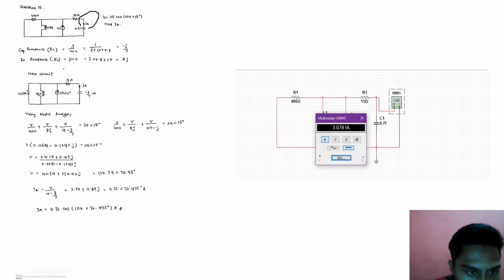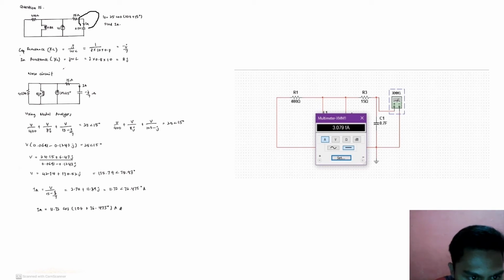For the new circuit, using nodal analysis, we calculate and get 25 and 50 theta. This is the same for capacitor and inductor.